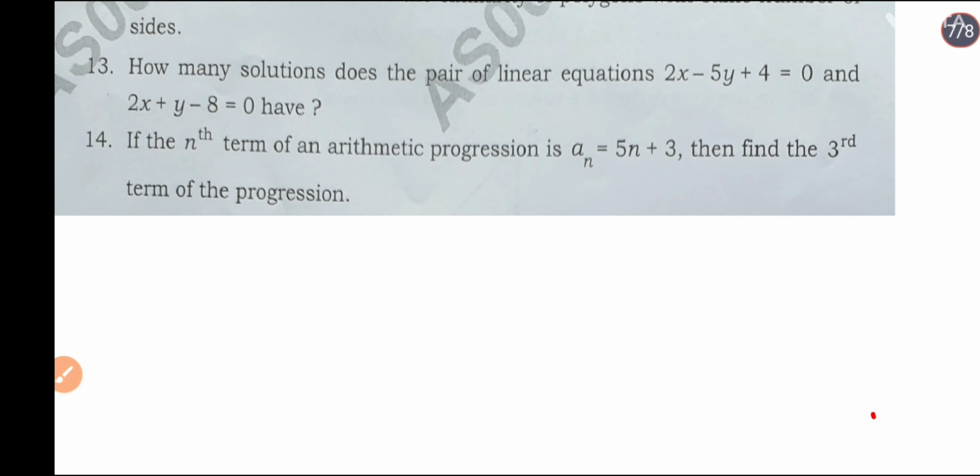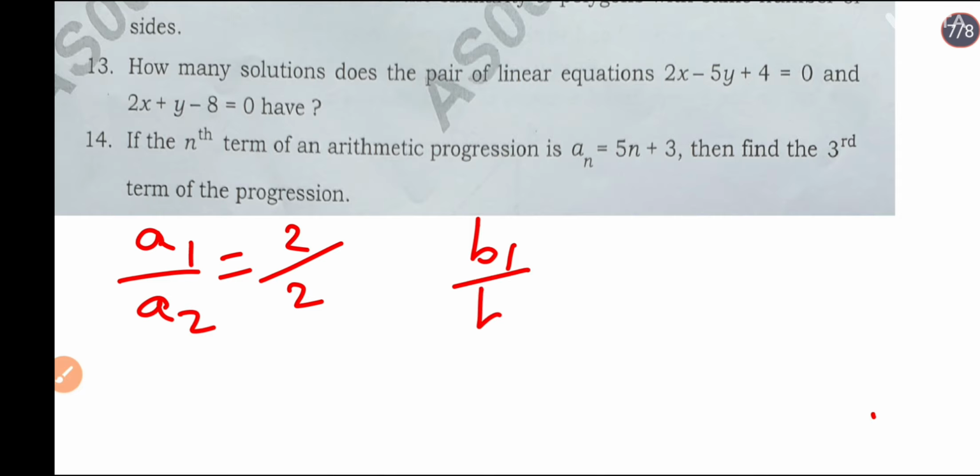How many solutions does the pair of linear equations 2x minus 5y plus 4 equals 0 and 2x plus y minus 8 equals 0 have? Here again we have to use that second question rule, that is a1 by a2 and b1 by b2. a1 is 2 and a2 is also 2. b1 is minus 5 and b2 is 1.